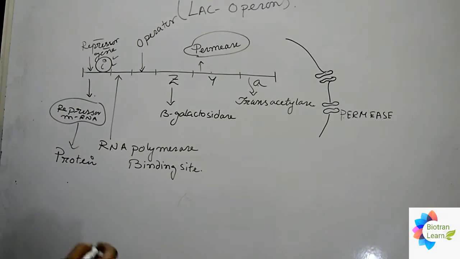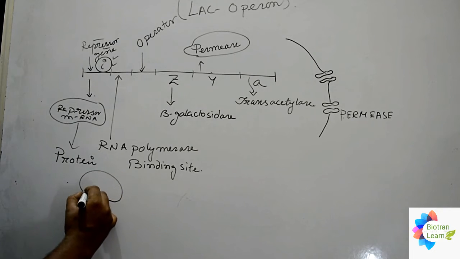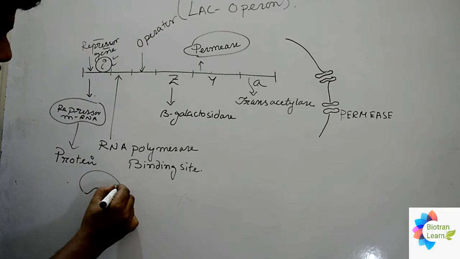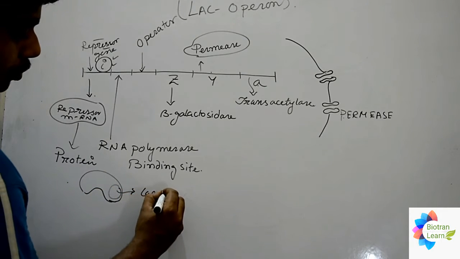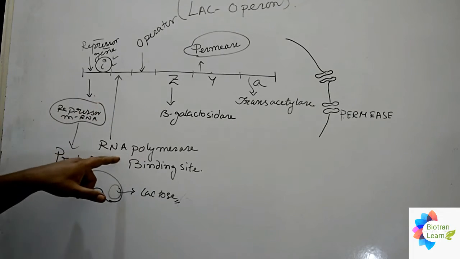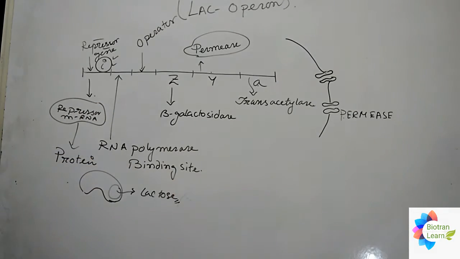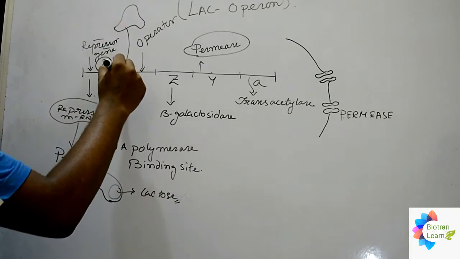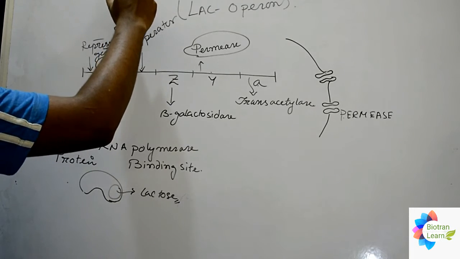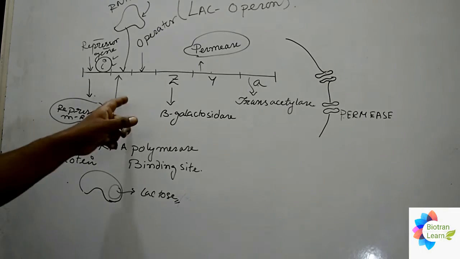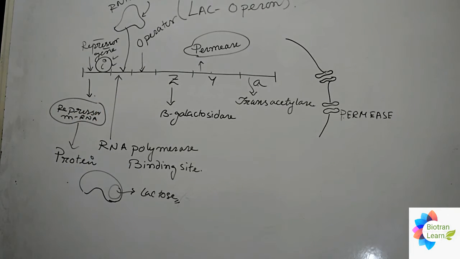It is a protein that has a binding site for lactose. Now we have another one, the RNA polymerase binding site. In this section the RNA polymerase will bind here, and then we will have an operator sequence.